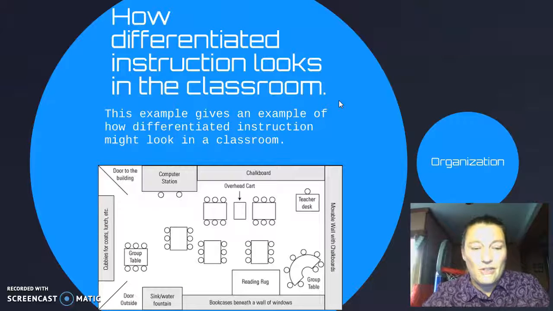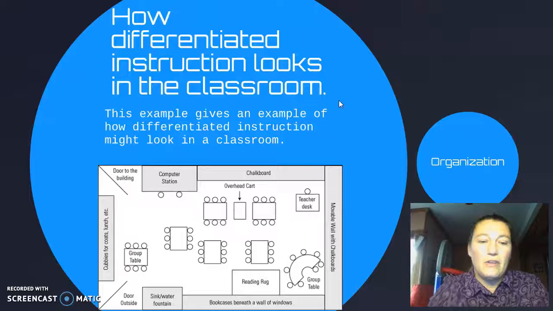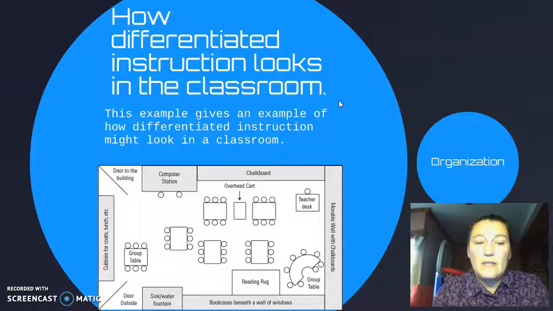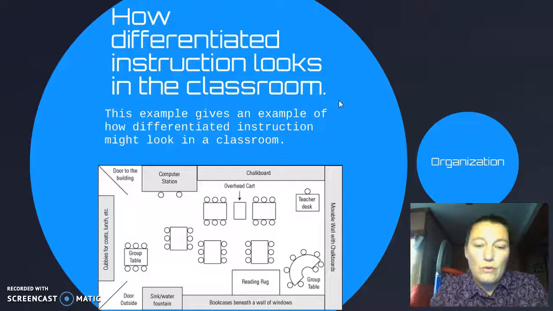It's a picture I took off the internet, but I would have it like that so they could literally work in groups of 6, or they could just work in 3, or it's easy enough that you could combine tables if you needed 12s. And then there's a computer station, and then all the organizational stuff in the classroom.